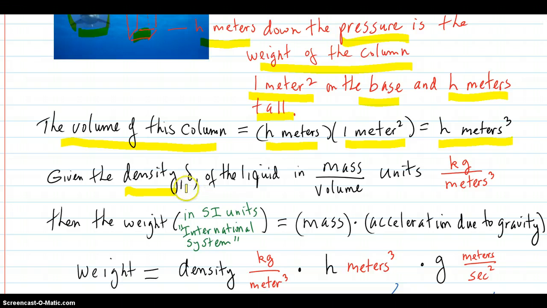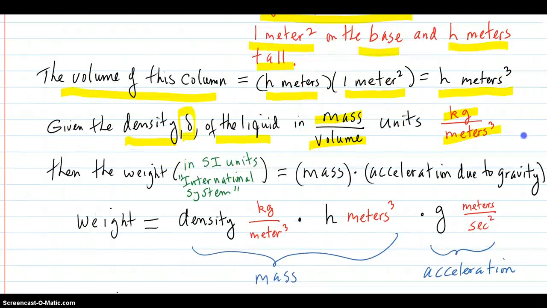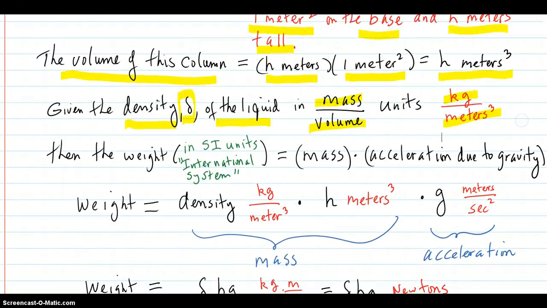So given the density of the liquid, in mass per volume units such as kilograms per cubic meter, then the weight, using the metric system, is mass times acceleration due to gravity, ma, which is really the same as force.